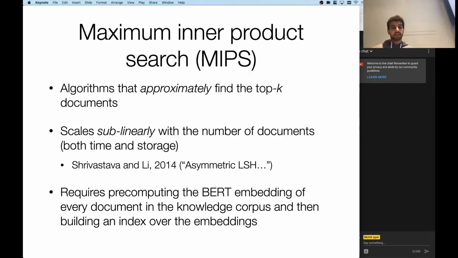Okay, so we won't talk too much about the algorithms that are used to make the inner product search. So finding the passages that have the highest dot product with the query vector X. There's a class of algorithms called maximum inner product search, or fast approximate maximum inner product search, where you can tolerate some errors if maybe it doesn't retrieve the exact highest scoring document, but it retrieves some high scoring ones.